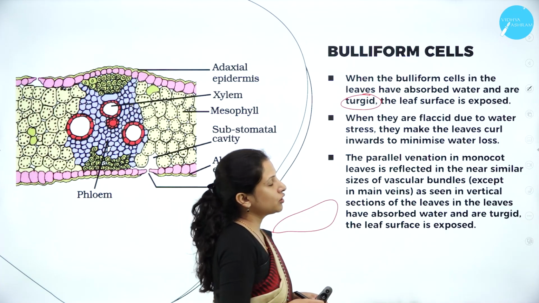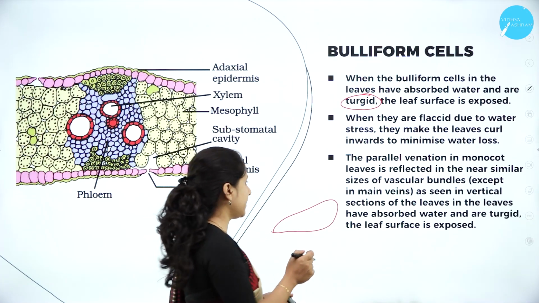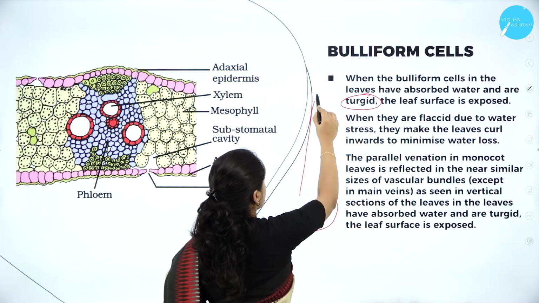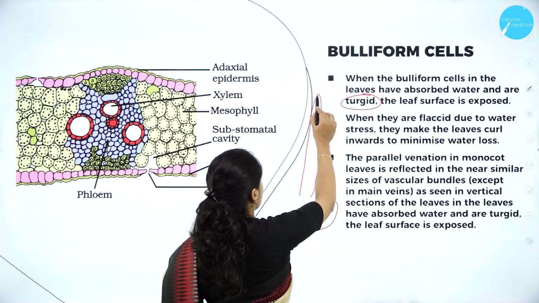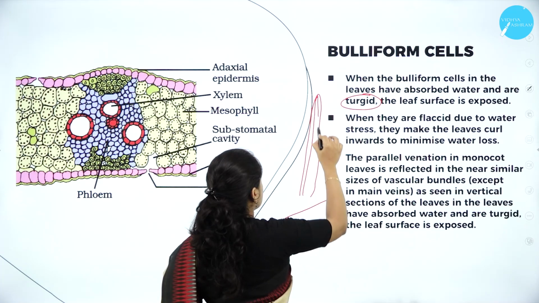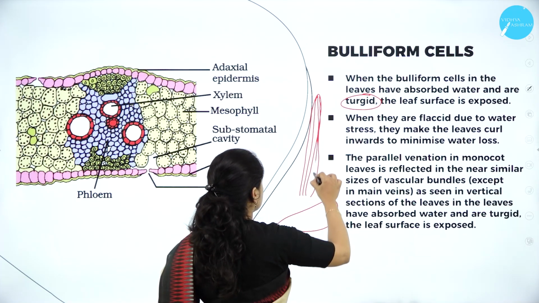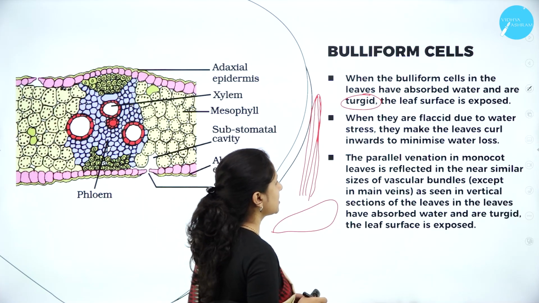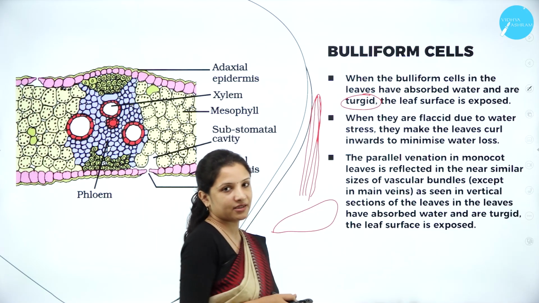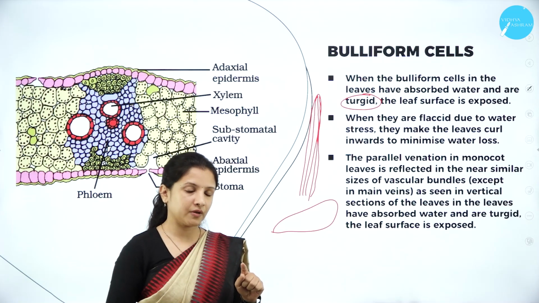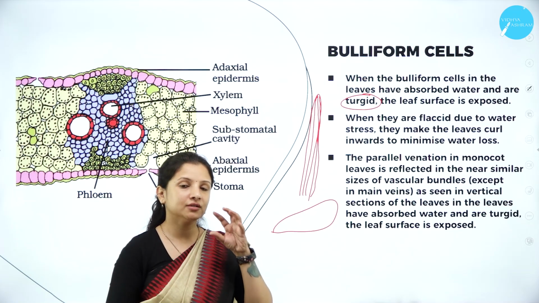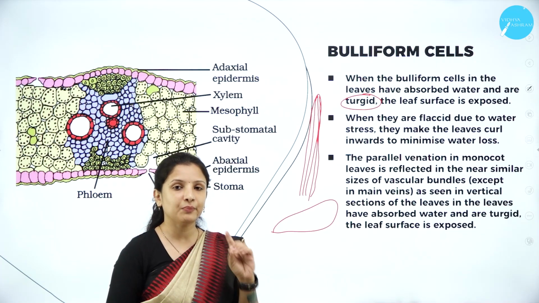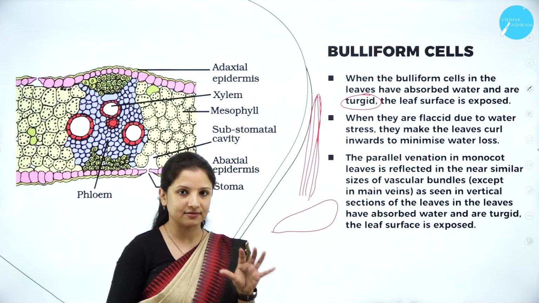In monocots, we know that they have parallel venation, right? So I'll draw the leaf of a grass wherein they have entirely parallel venation. Parallel venation in monocot is reflected in the near similar sizes of vascular bundle. If you remember, in dicot I told you the size of the vascular bundle depends on the size of the veins and the midrib.